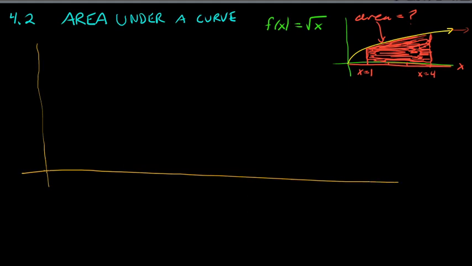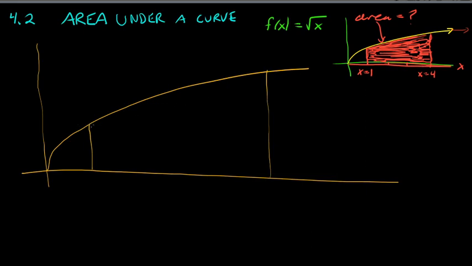So here's the curve again. And again, we're starting at 1 and ending at 4. So we want this area in here, right? So in general, that's a very hard thing to do. But we're gonna start simple.